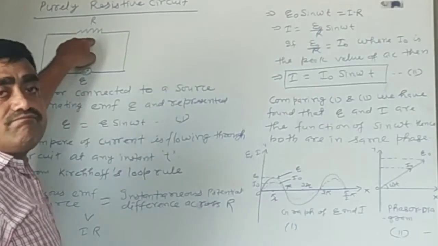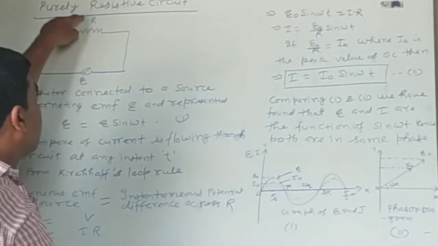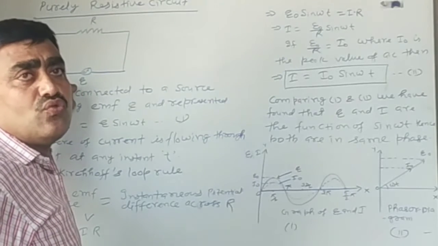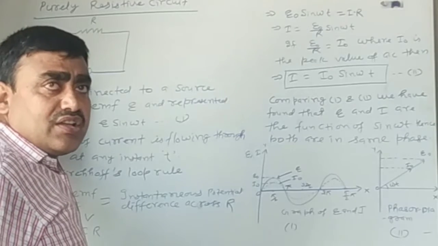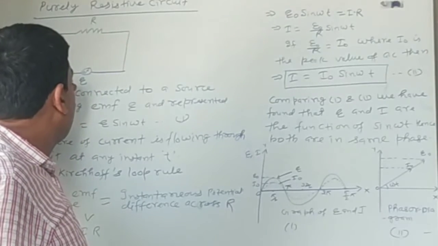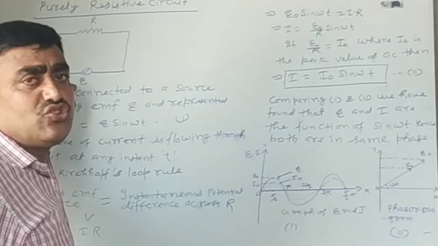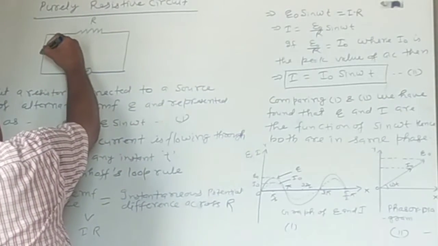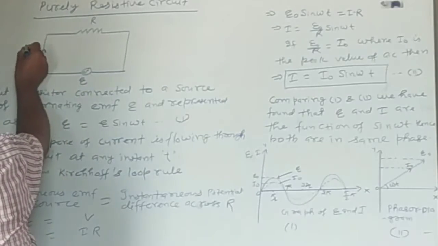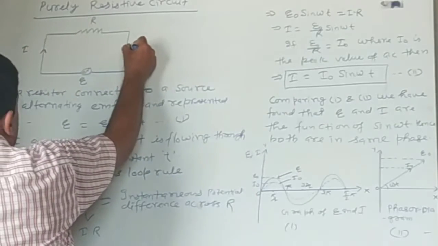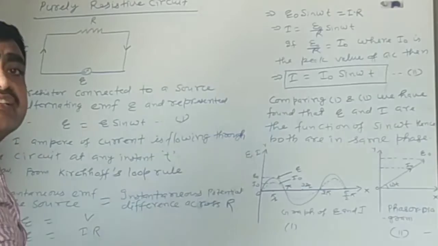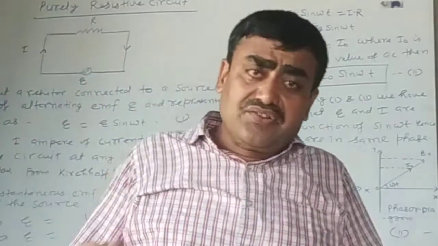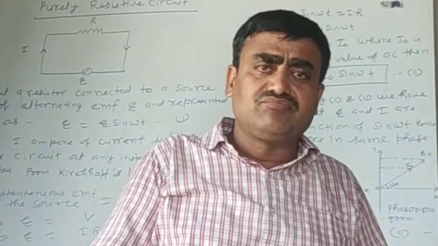This is the resistor which has resistance. It is connected to an EMF, that means alternating source E, and hence I ampere current is flowing through the circuit. This circuit has resistance only.